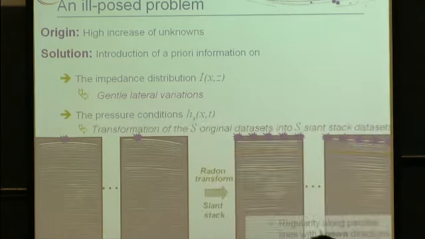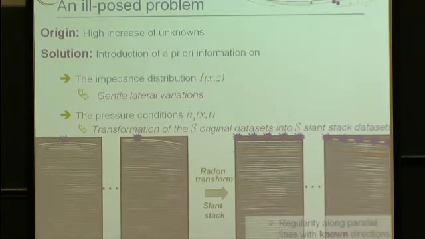So, in fact, we make use of the Radon transform, which is known in geophysics as a slant stack. This procedure transforms our data associated with different source locations into quasi-plane waves through an appropriate combination of time-shifted data. The time shift will govern the propagation angle of the quasi-plane waves.